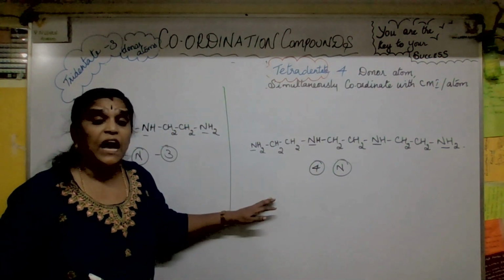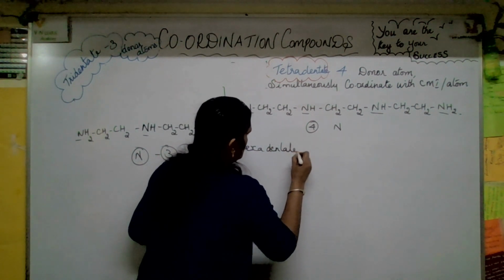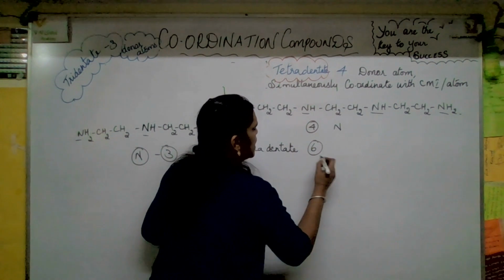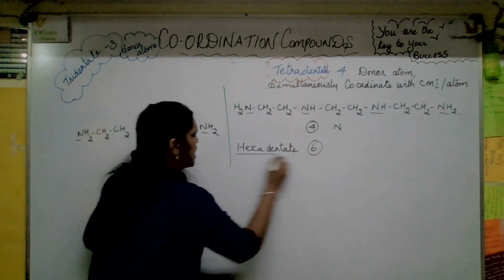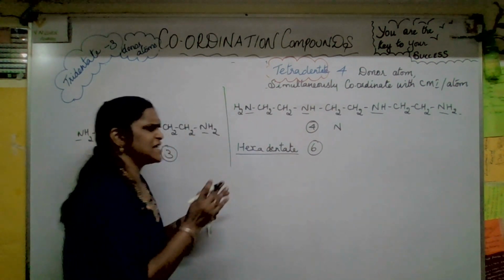Tetradentate. Now hexadentate, that means six donor atoms. Let us go and identify which has six donor atoms. This also uses the same idea.